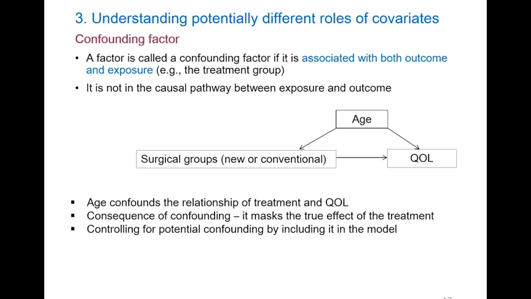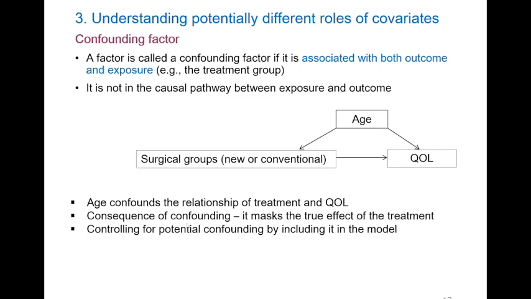So we meet this condition: a factor is called a confounding factor if it is associated with both outcome and exposure. And it is not in the causal pathway, because age cannot be changed due to the exposure, cannot be the consequence of exposure and outcome. So age confounds the relationship of treatment and quality of life.